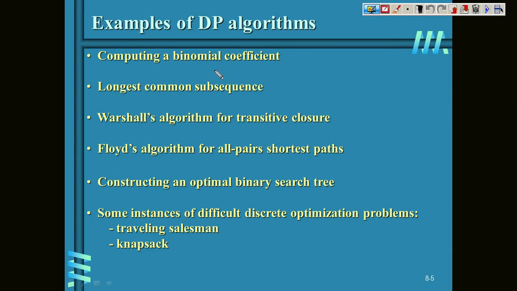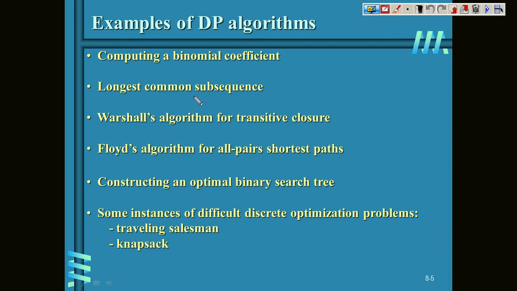So let us look at some problem areas where dynamic programming algorithms are used: to compute the binomial coefficient. Again, the dynamic programming approach is very helpful here. Finding the longest common subsequence: you are provided two sets of data, or you can say two different strings, and we are looking for the common subsequence between these two.